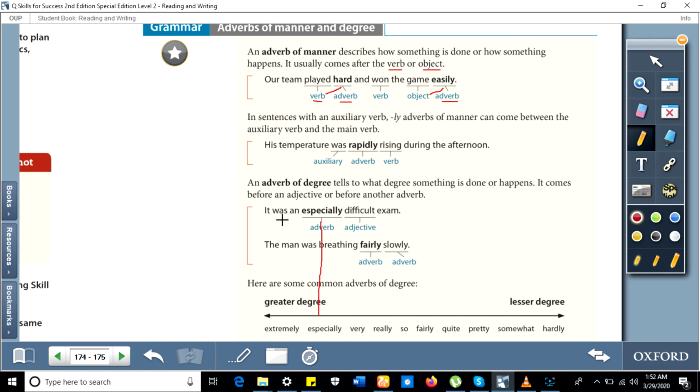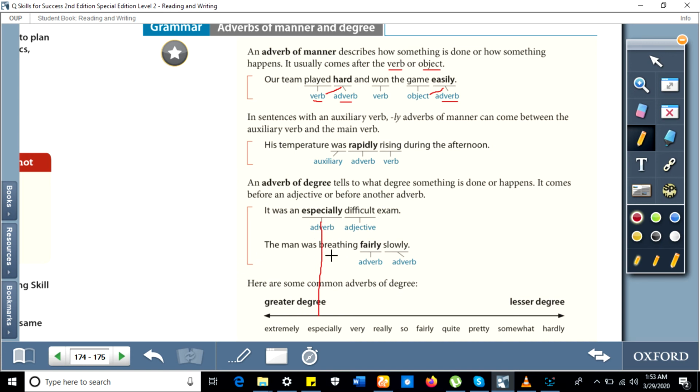It means this word especially is giving us the idea that the exam was very, very difficult. Right? So it was an especially difficult exam. It means it was a very, very difficult exam, because of the greater degree here.